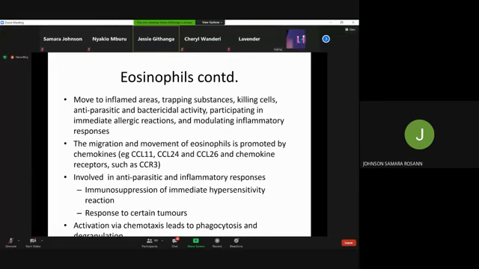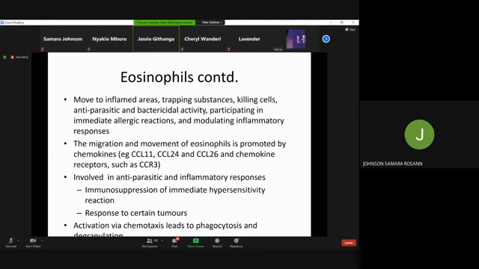The migration and movement of eosinophils is promoted by chemokines. Some examples of the chemokines are CCL11, CCL24, and CCL26, and the receptors of chemokines. And therefore, in antiparasitic and inflammatory responses, the eosinophils will suppress immediate hypersensitivity reactions.